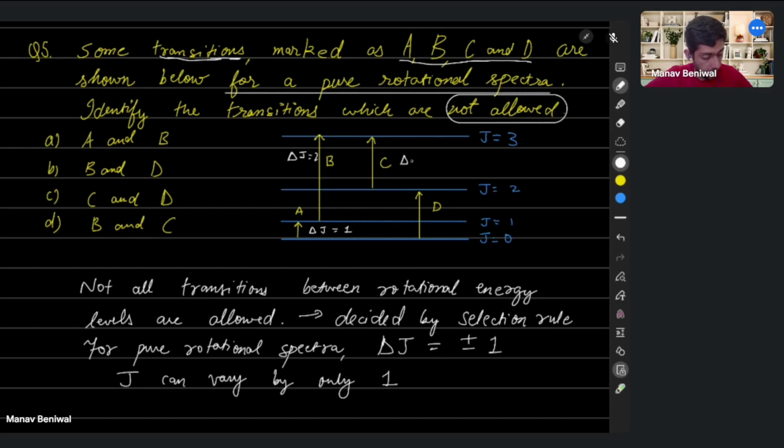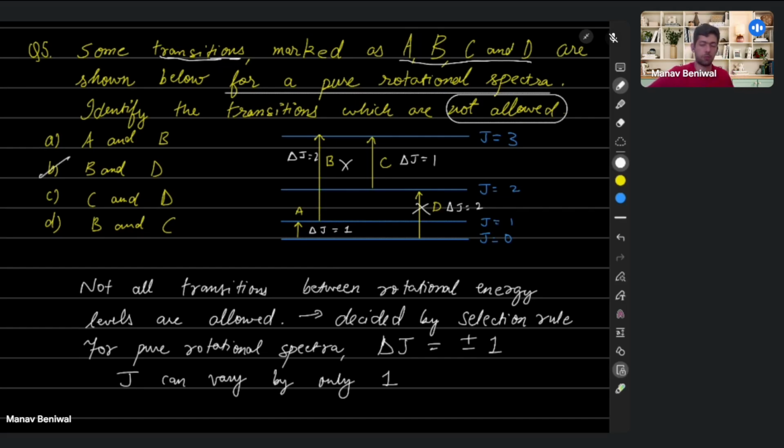For C, delta J is 1, and for D, delta J is 2. Therefore B is not allowed and D is not allowed. So these two transitions, B and D, are not allowed.